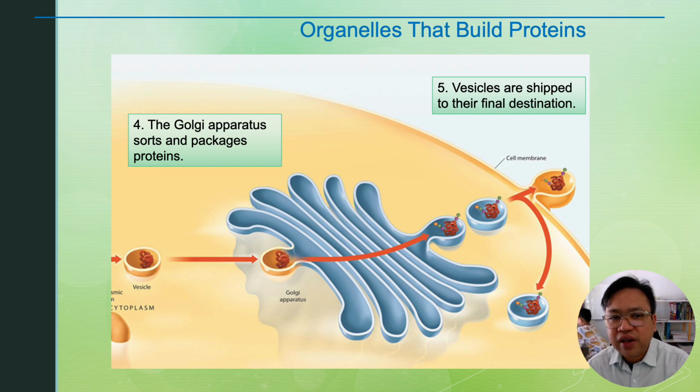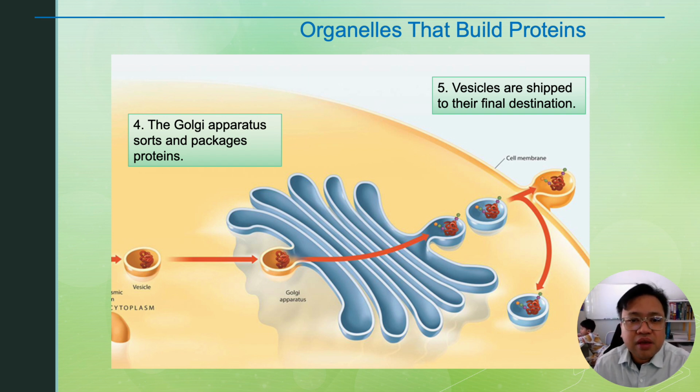These destinations vary. Some vesicles transport proteins within the cell, delivering them to organelles like lysosomes. Others export proteins out of the cell, such as those needed for communication between cells or for repair processes. This efficient system ensures that proteins and other materials are distributed where they are needed, allowing the cell to function properly and contribute to the organism's overall health and growth.